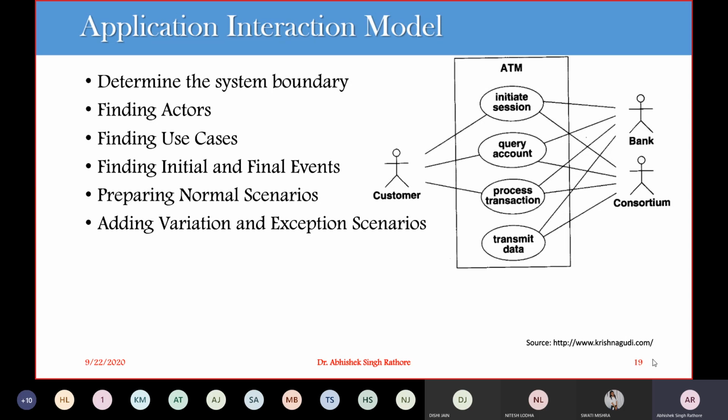So we'll include this application interaction model. We'll begin our interaction modeling by determining the system boundary, the overall boundary of the system. Then we'll identify the use cases, and then we'll flesh them out using some scenarios and sequence diagrams, and then we'll also prepare activity diagrams for those use cases that are very complex.